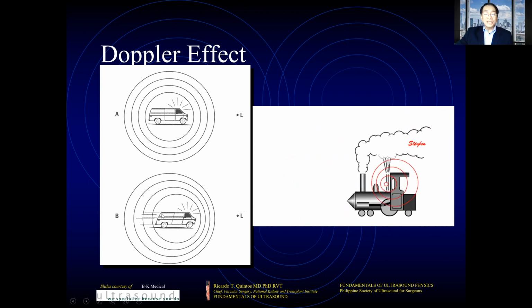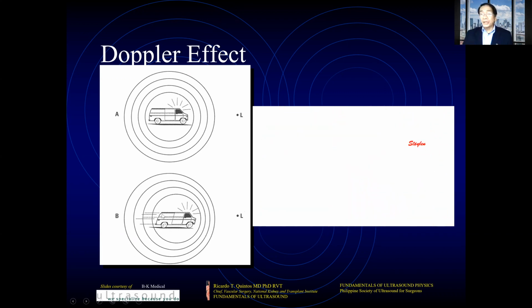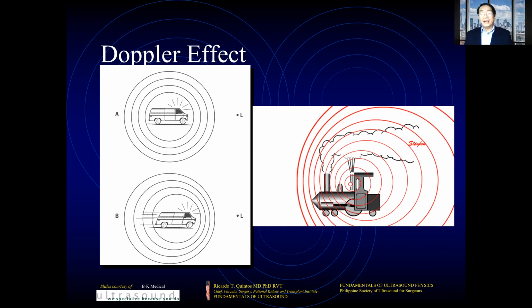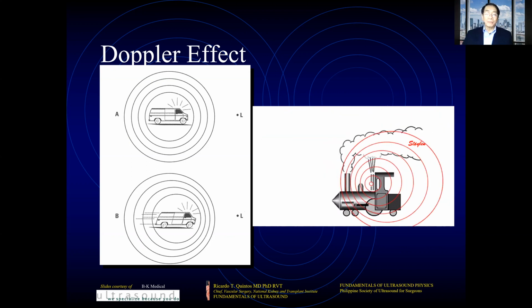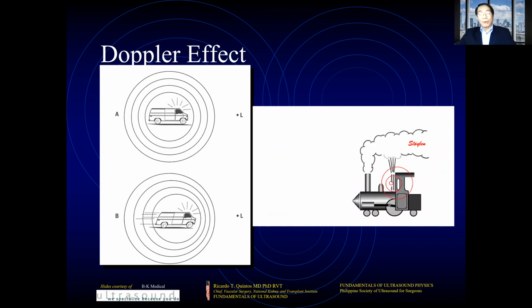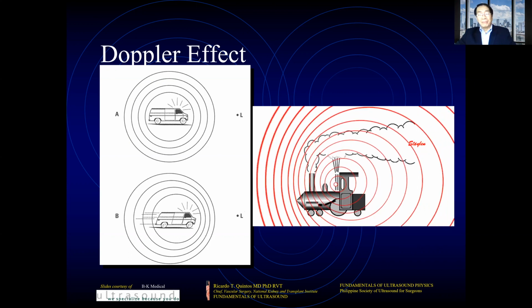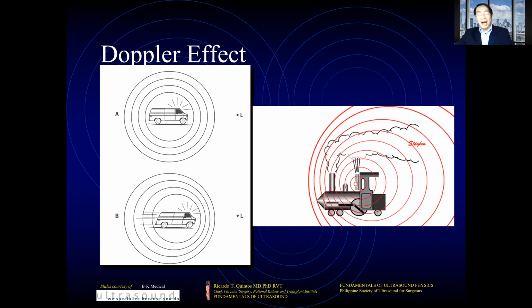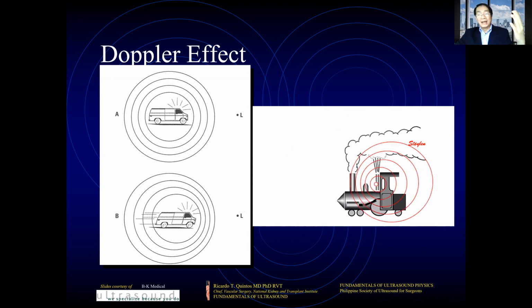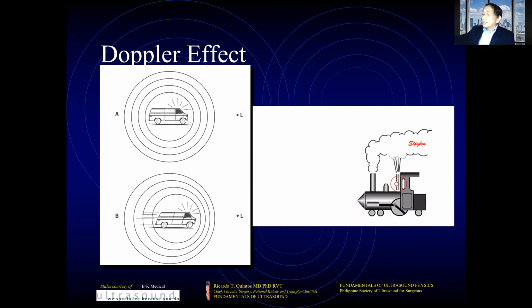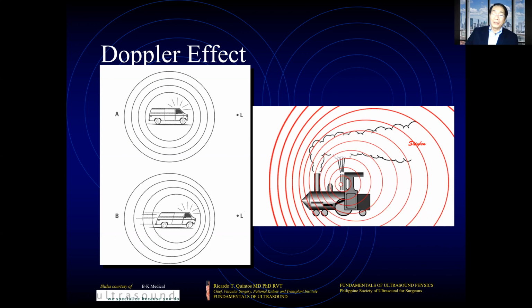And this changes the pitch of the sound. As the object approaches you, the frequency is higher, so the pitch is higher. And then as it passes you, the pitch becomes lower.